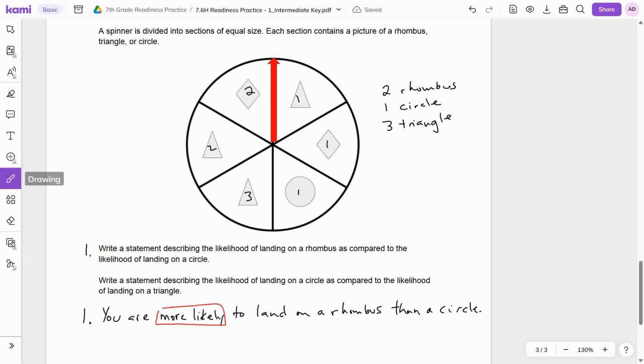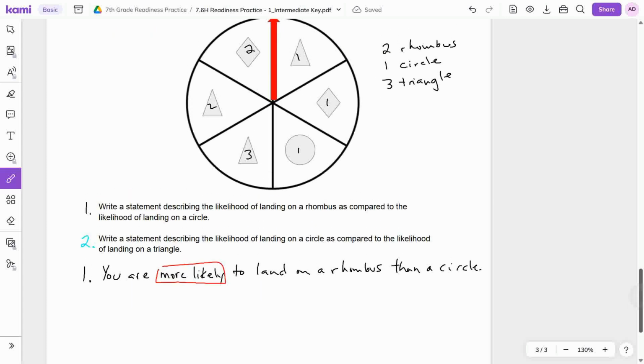Let's do a different color for our second statement here. Write a statement describing the likelihood of landing on a circle as compared to landing on a triangle. Well, I've got 1 circle and I've got 3 triangles. So the order matters. My circle is less than my triangles, so I'm going to use less likely.